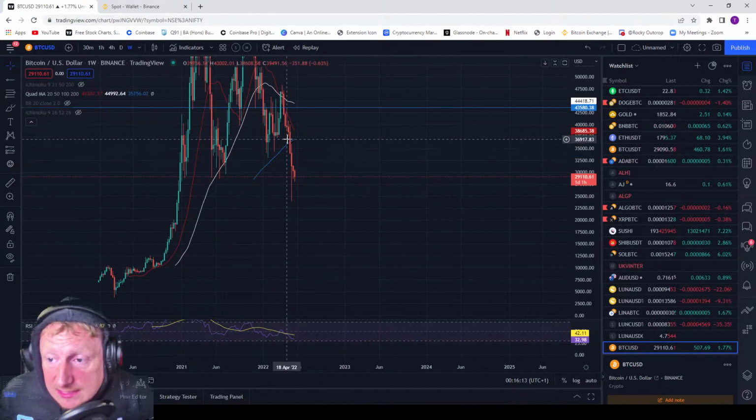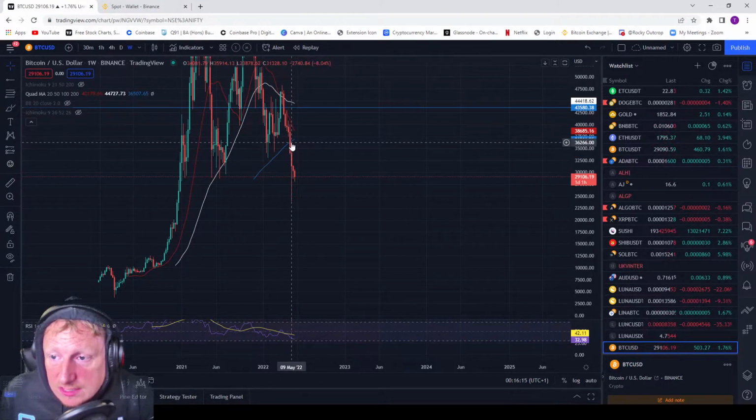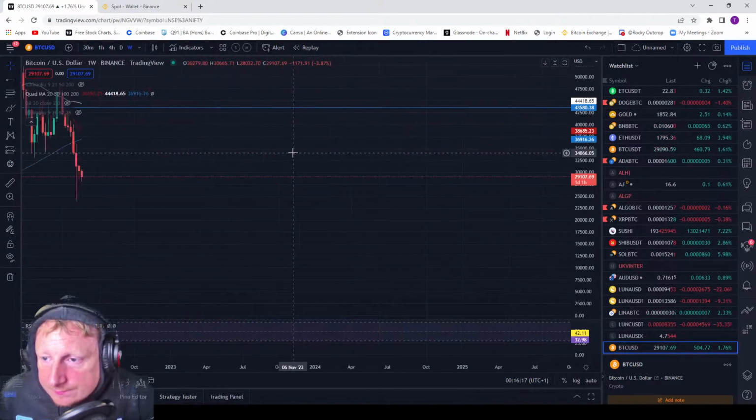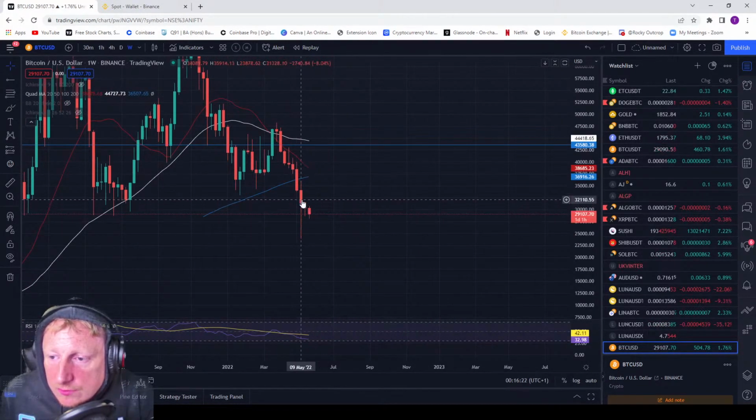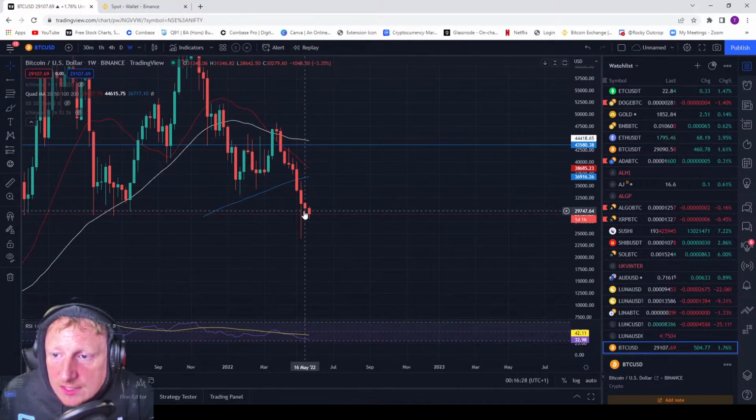So this is weird. It's bad. How many weeks now? 1, 2, 3, 4, 5, 6, 7, 8, 9 weeks consecutively has Bitcoin been in the red. Every week it's been down and down and down and down.